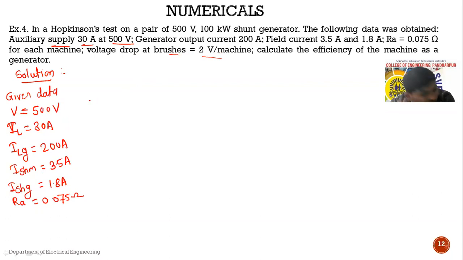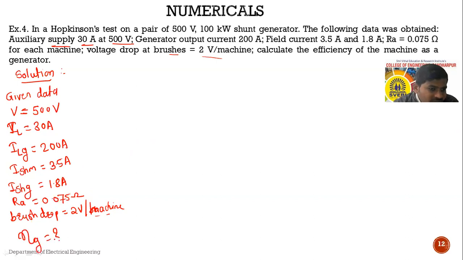Brush चे जे काय voltage contact drop आहे, it is also given, that is brush drop is equal to 2 volt per machine. Calculate the efficiency of the machine as a generator, म्हणजे जी मशीन जनरेटर म्हणून रन होते त्याची इफिशियन्सी कॅल्क्युलेट करायची. So efficiency of a generator is equal to question mark. So these are the given data.